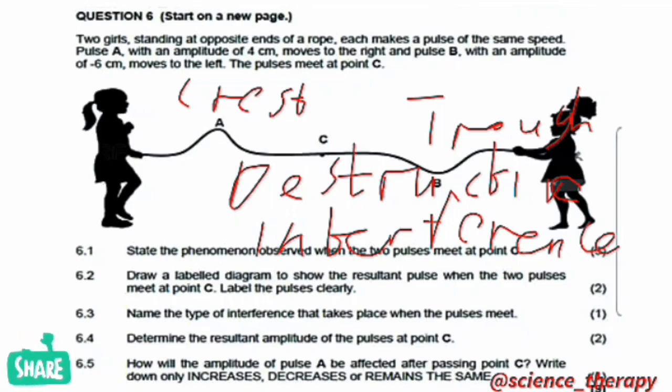Now 6.5 says, how will the amplitude of pulse A be affected after passing point C. Write down only increase, decrease, or remain the same. Now you will note that after the pulse passes point C, it will go back to its original amplitude. So we say nothing will happen to the amplitude of pulse A, it will remain the same.